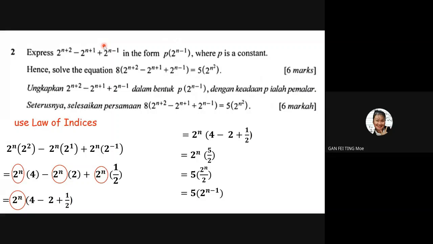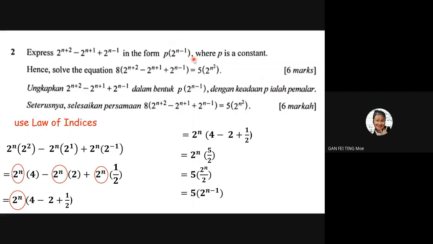Now what happened next? So this is what you have. Now you compare this with this. Adakah dia sudah sama? When dia sudah sama, therefore your P should be 5, where P is a constant.